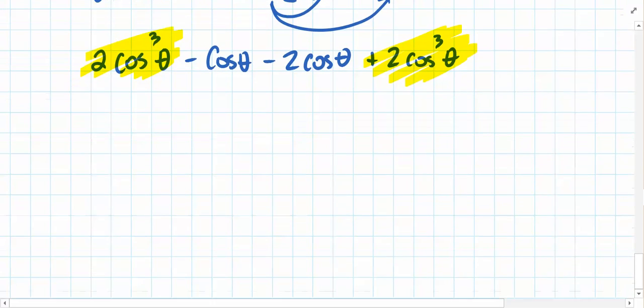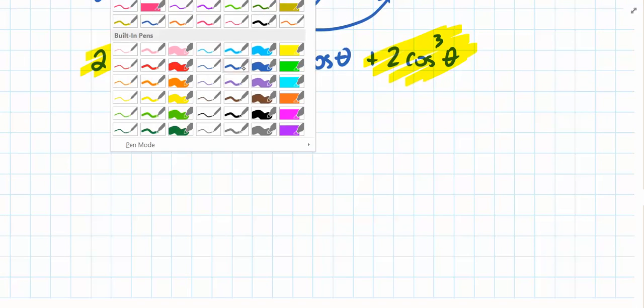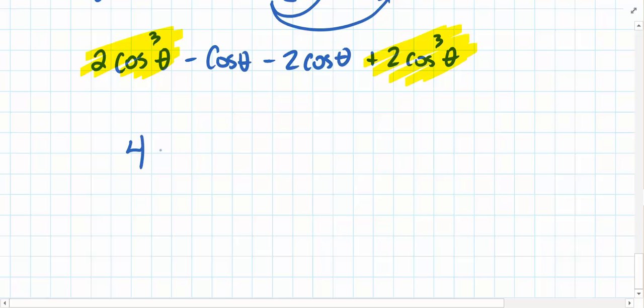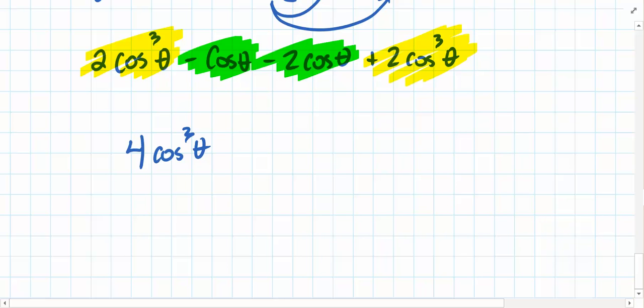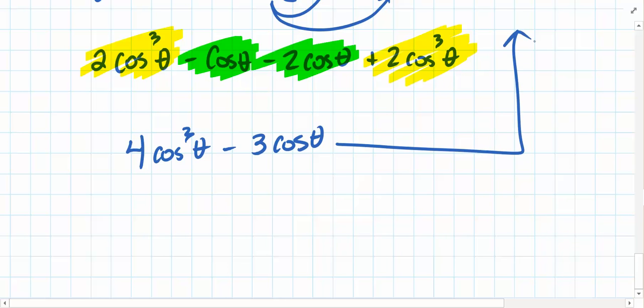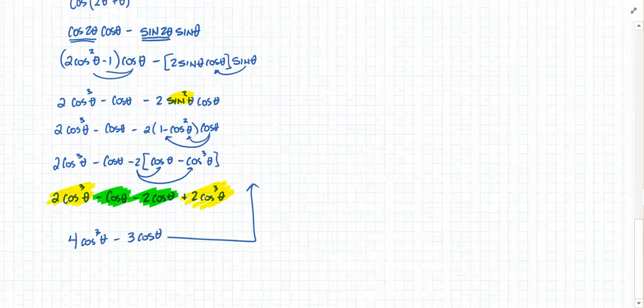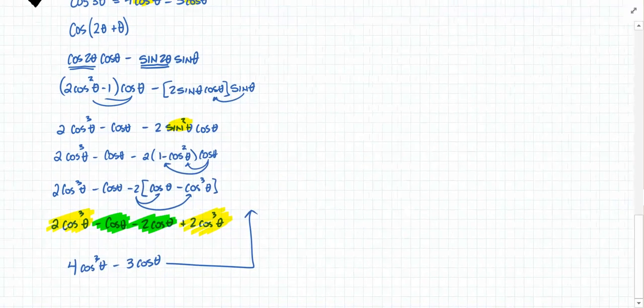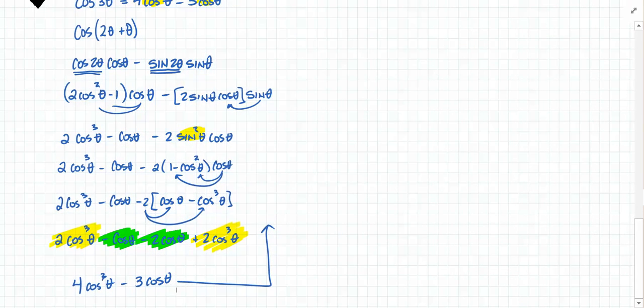What's the grand total of that? There you go. That would be your 4 cosine cubed thetas. Then in green, I have a negative cosine and a negative 2 cosine for a grand total of how many? There you go. A negative 3 cosine theta, which is exactly what that says way up there. So there's the whole problem. Start to finish, black diamond.